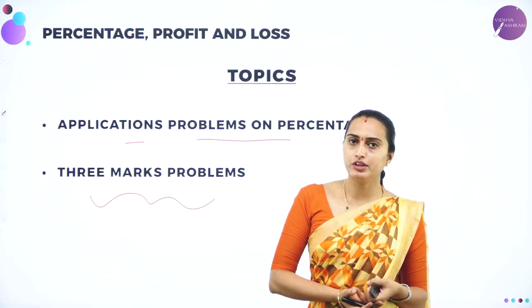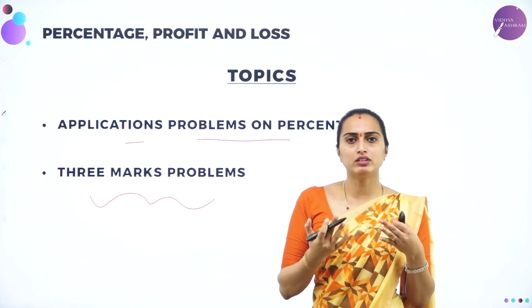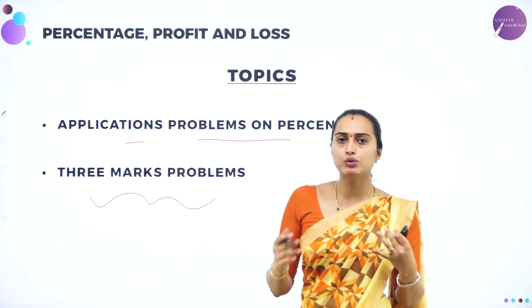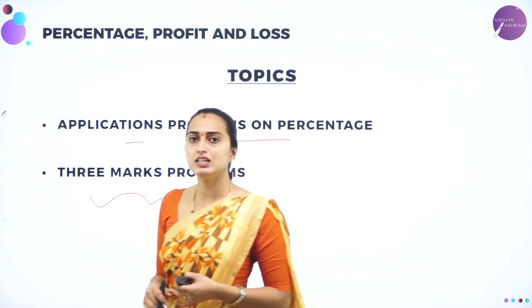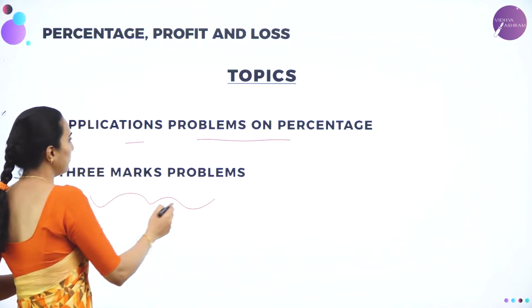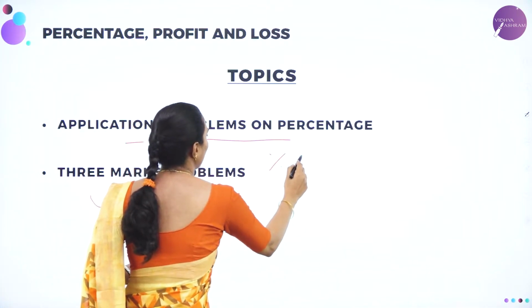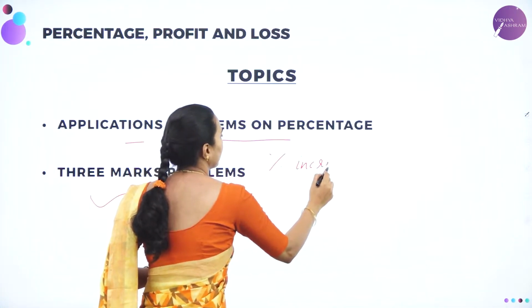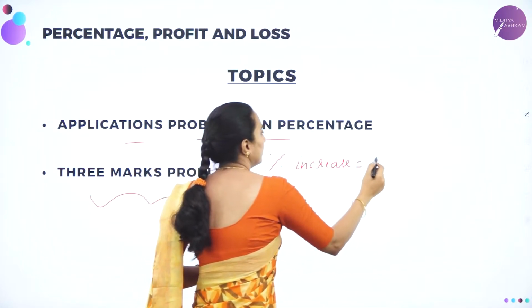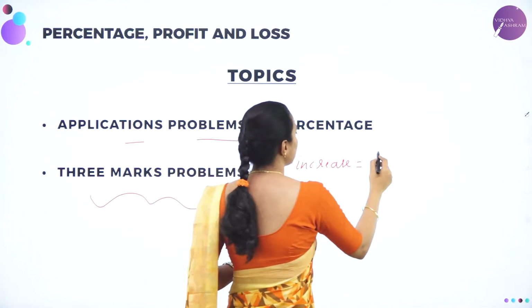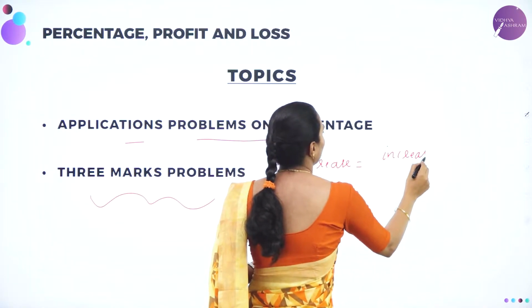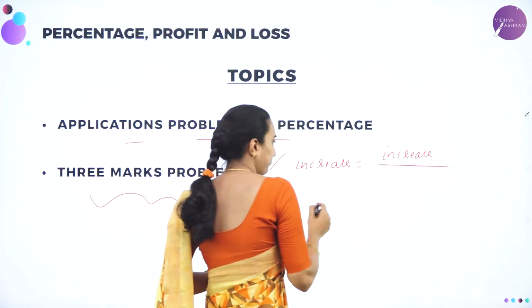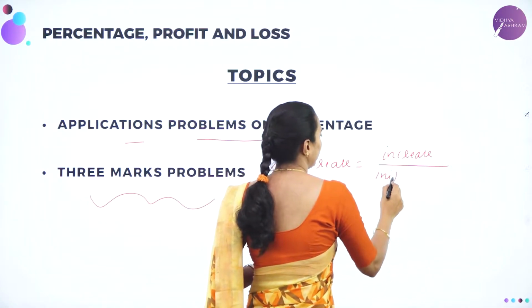So what is the formula you are going to use? According to the problem they have asked, we are going to use the percentage increase and the percentage decrease formula. What is the percentage increase? Percentage increase is equals to the increase divided by initial value into 100.